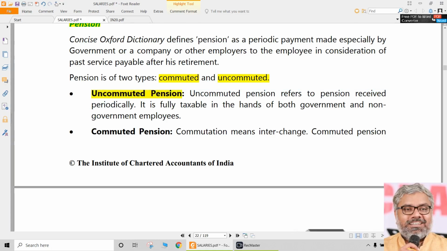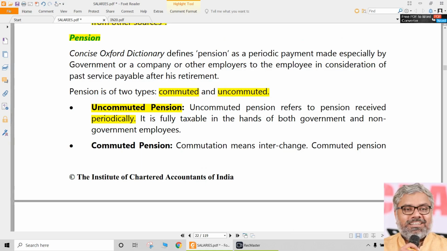Uncommuted pension is basically the pension that is received periodically. See, normally when nothing is mentioned, if we say that so and so person is receiving a pension of 10,000 rupees per month, what kind of pension is that? That is uncommuted pension, which is received periodically, and as we just discussed, it is fully taxable in the hands of all types of employees, whether government or non-government.